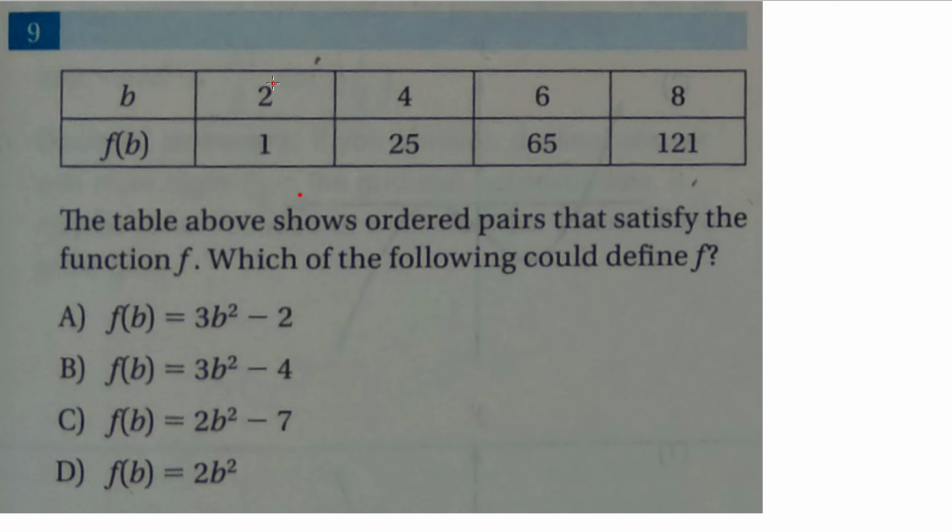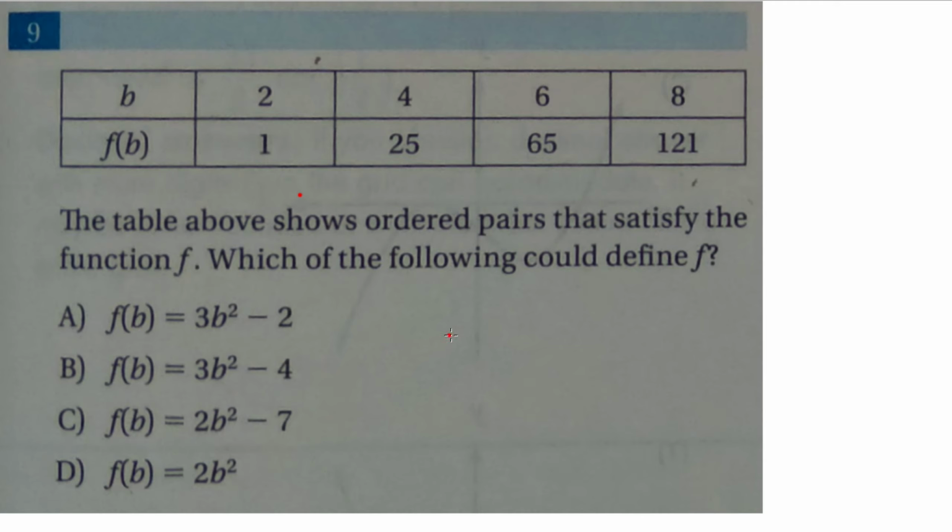Even when you look at this pattern above, when we have 2, we have 1. When you have 4 for b, 25, and so on. It is not obvious. The pattern is not easy to identify by just looking at this table. So what we're going to do is trial and error and eliminate the choices, the elimination method.